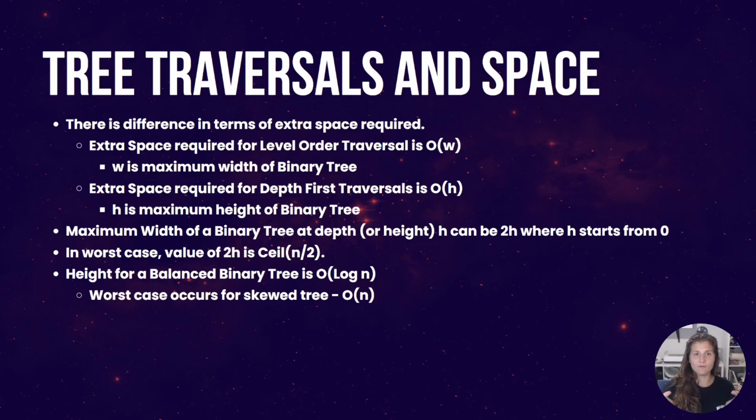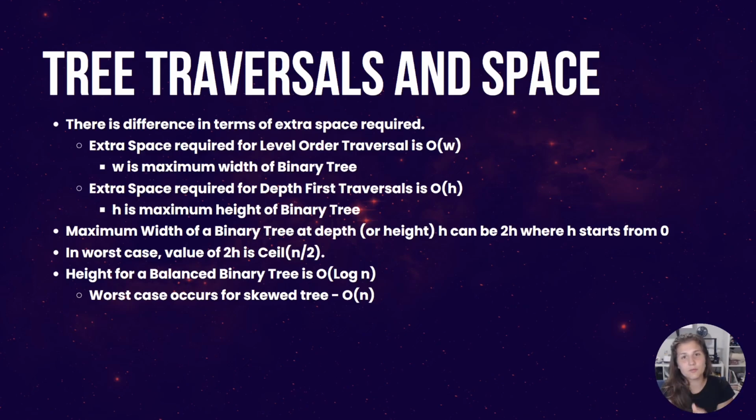We are looking for a specific file in a hierarchy of folders. And if we remember this, our breadth first search or our level order traversals start from the root, whereas our depth first searches are visiting nodes at their leaves.